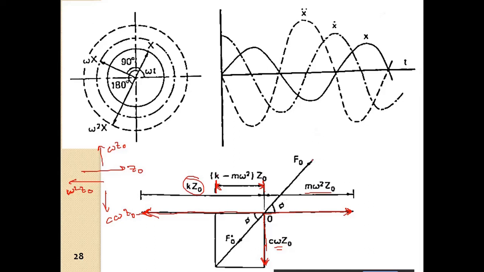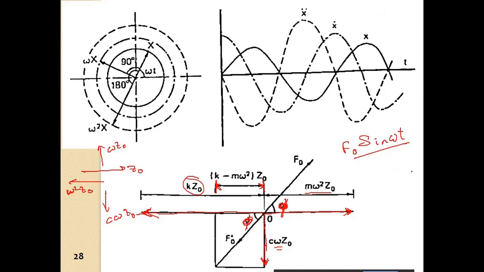And the applied force, so we have the applied force F naught sine omega t. Basically, at steady state, it will have a phase difference of phi. So this is the phase difference of phi.